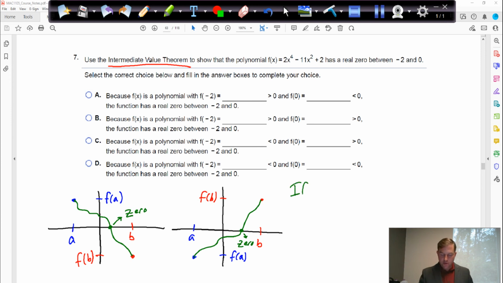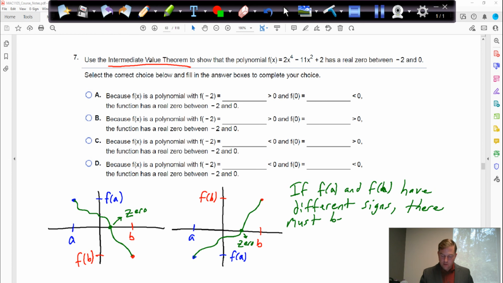So if f of A and f of B have different signs, there must be a 0 between A and B. If f of A and f of B have different signs, there must be a 0 between A and B. And the two pictures hopefully prove that.